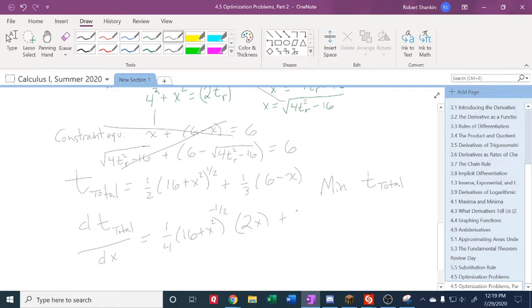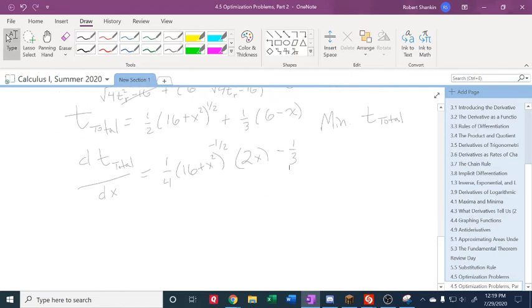You get 2 minus 1/3 x, and you get minus 1/3. And then set this to 0. The 4 and the 2 reduce. And then we solve this equation for x.